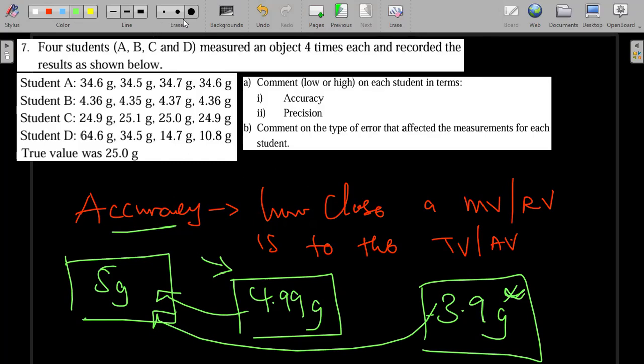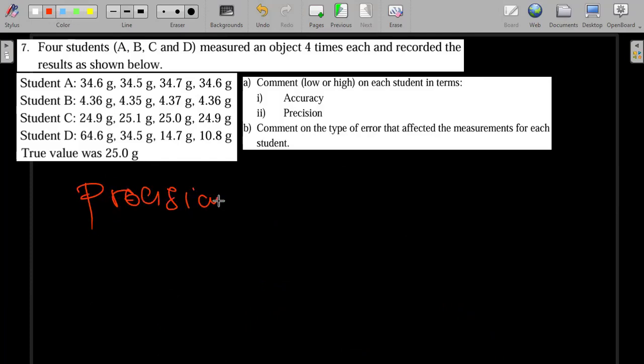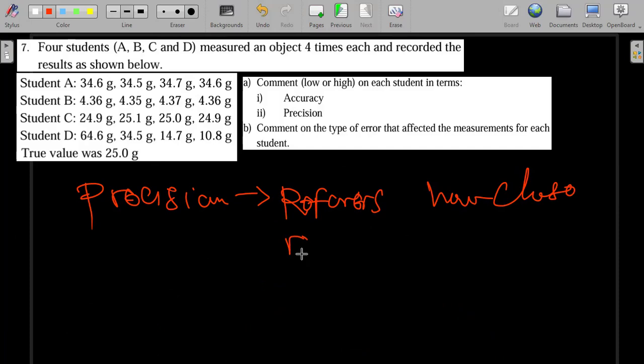All right, so that is what accuracy is. And then let's talk about precision. Precision refers to how close repeated measurements are to each other, and not necessarily close to the true value.